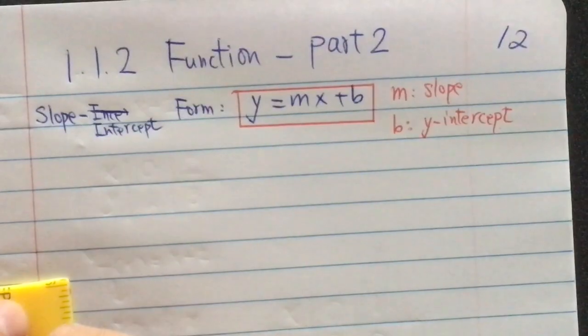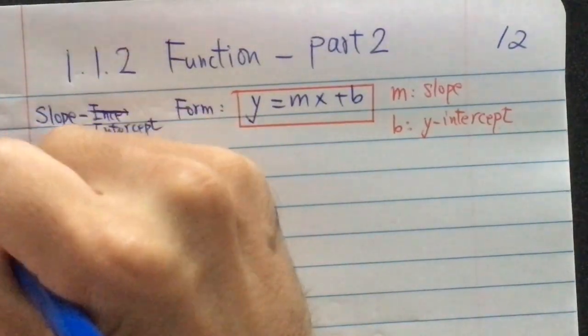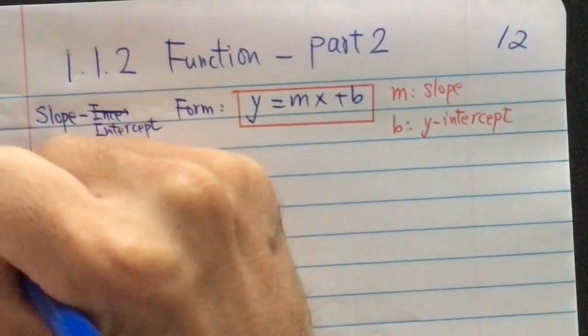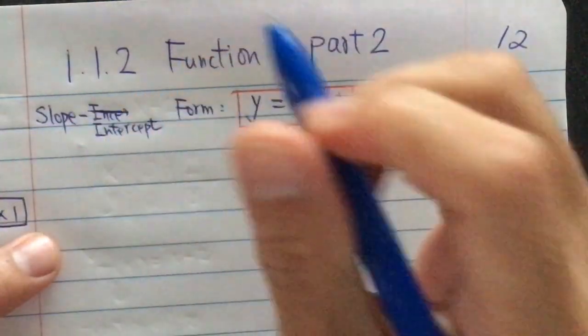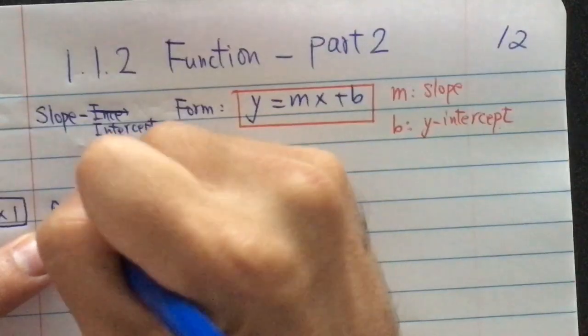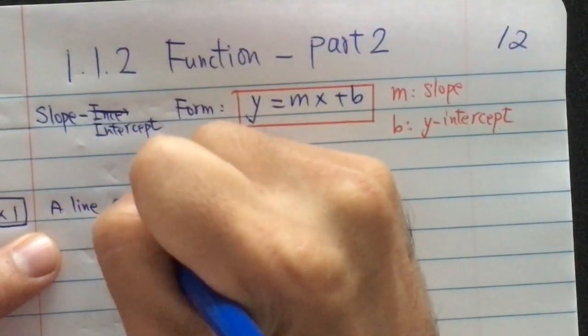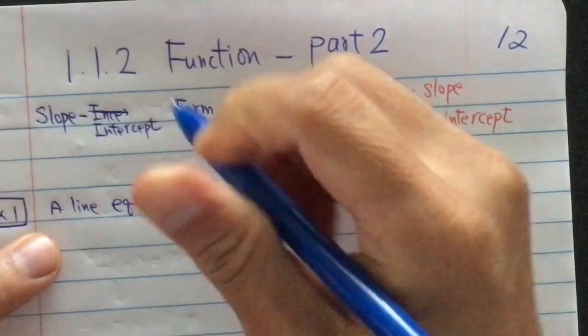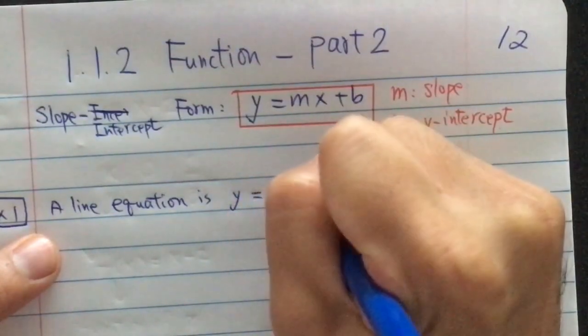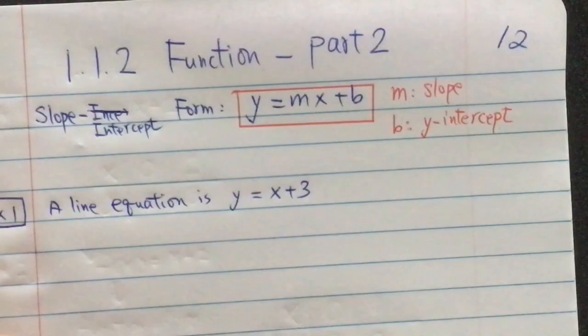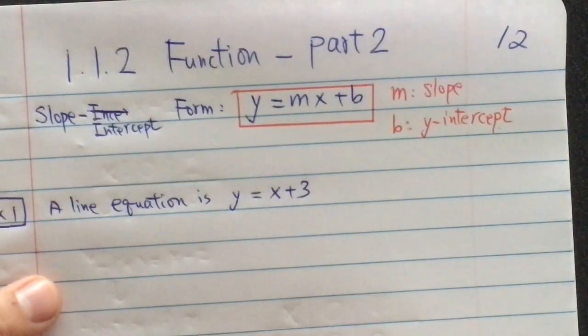Now there's a line. Example 1: a line equation is y = x + 3.